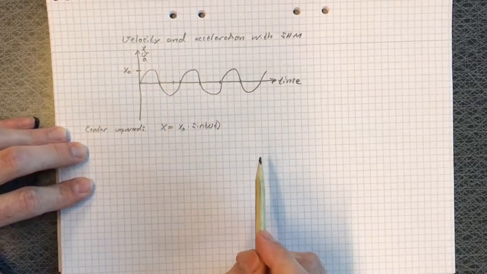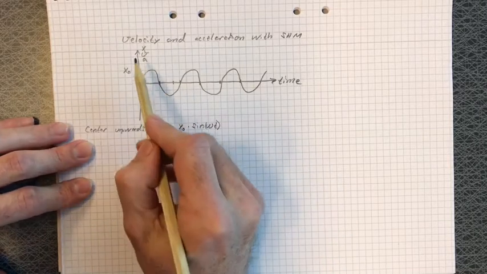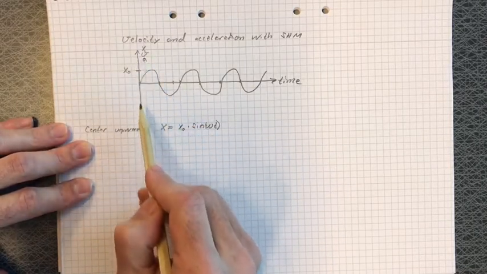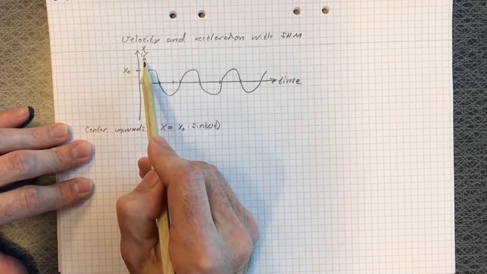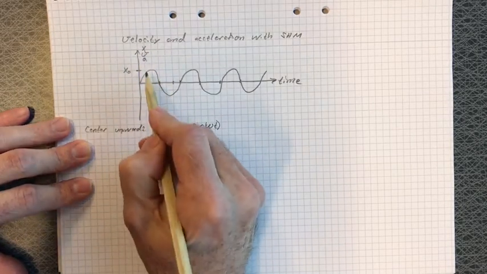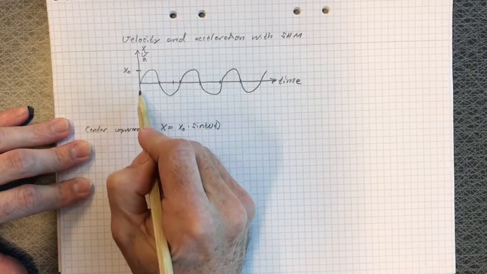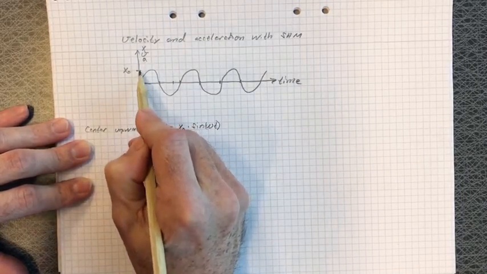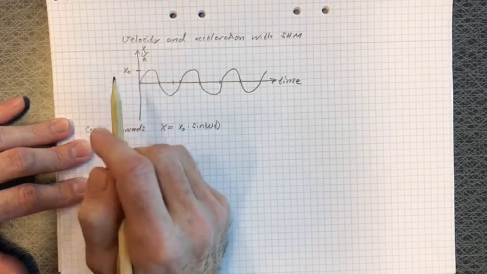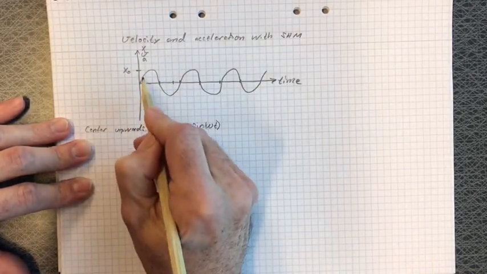Now, the velocity for this. So this axis is for three quantities: displacement, velocity, and acceleration. For the velocity, I use the same scale, so the maximum velocity will be the same as the maximum displacement. It doesn't necessarily have to be that way.